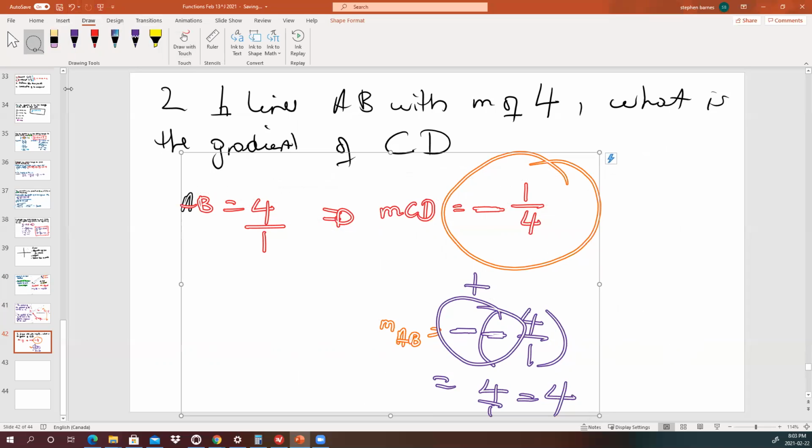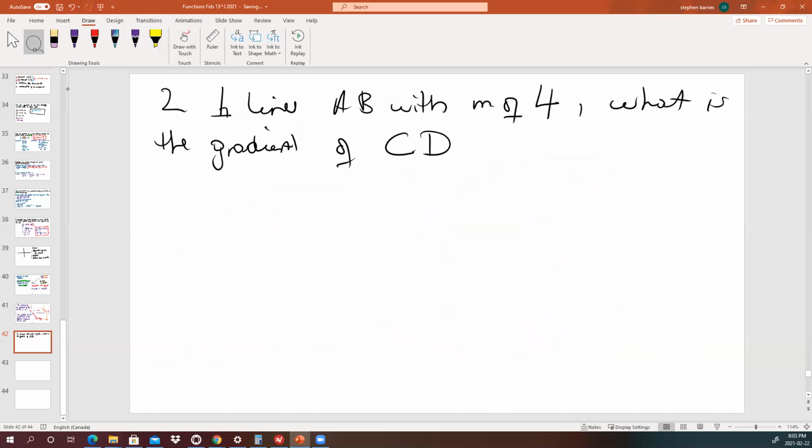The other way of expressing it says that the product of both gradients will be equal to negative 1. So let us check and see if that holds true.